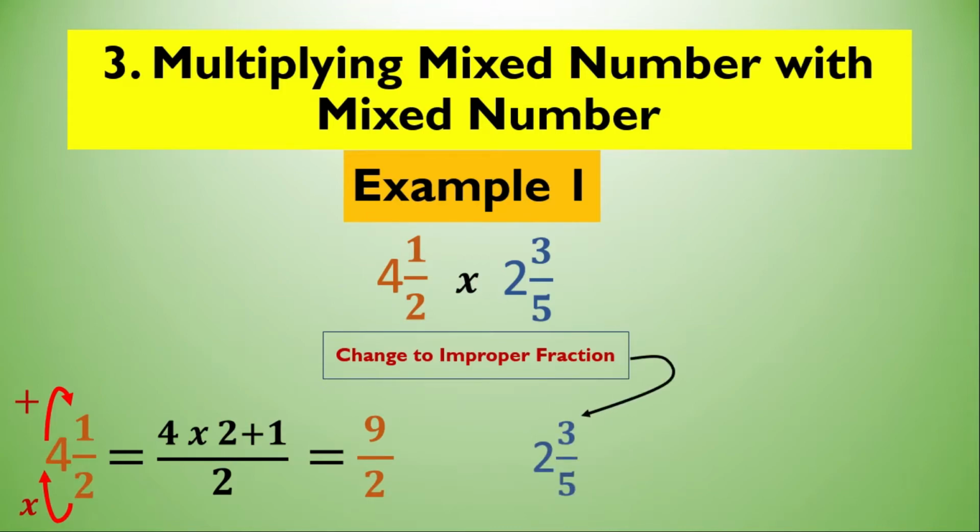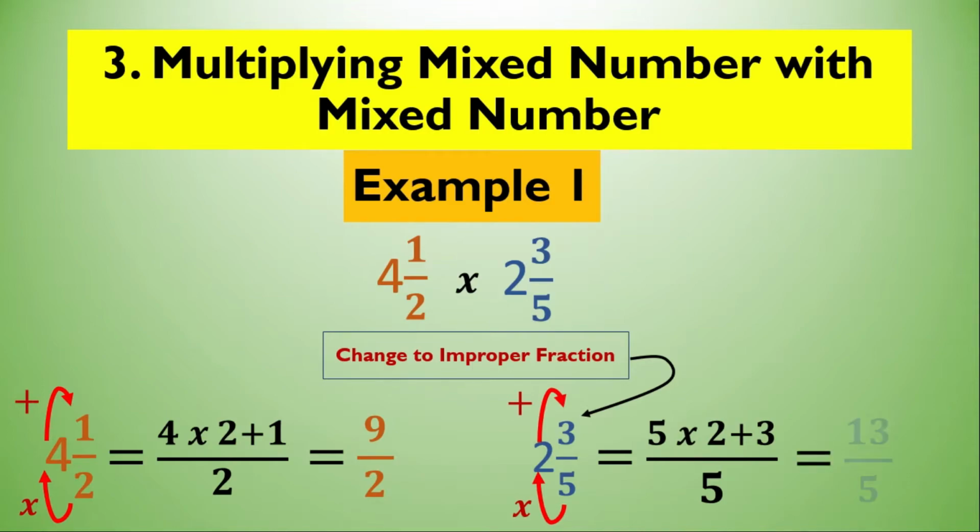2 and 3/5, 5 times 2 plus 3 over 5, we got 13 over 5.